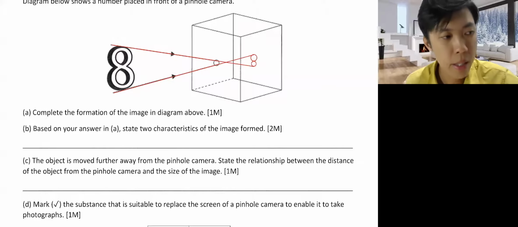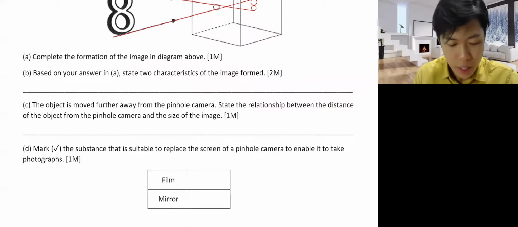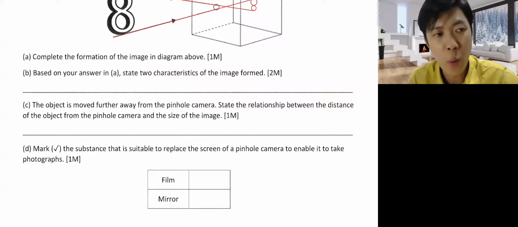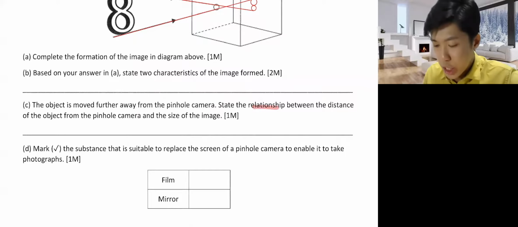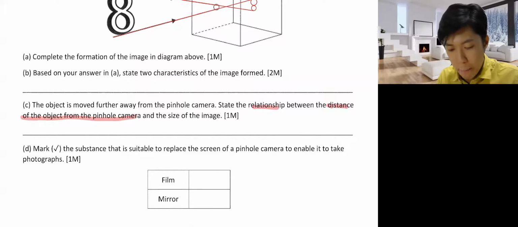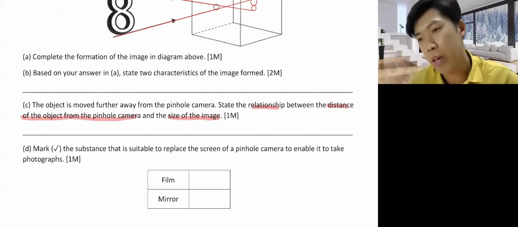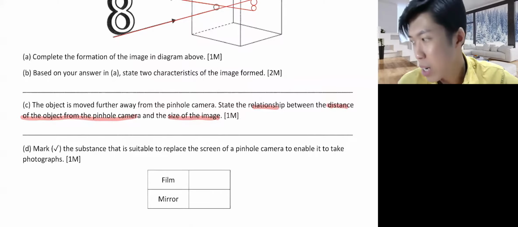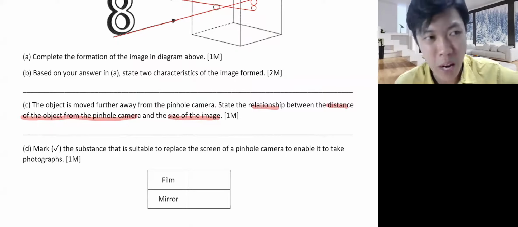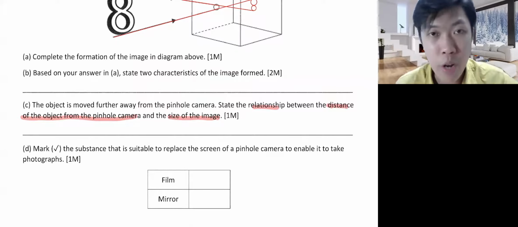Okay, all right, question C. The object is moved further away from the pinhole camera. State the relationship between the distance of the object from the pinhole camera and the size of the image. Very simple theory, everyone. Everyone take a picture with your phone or a camera.